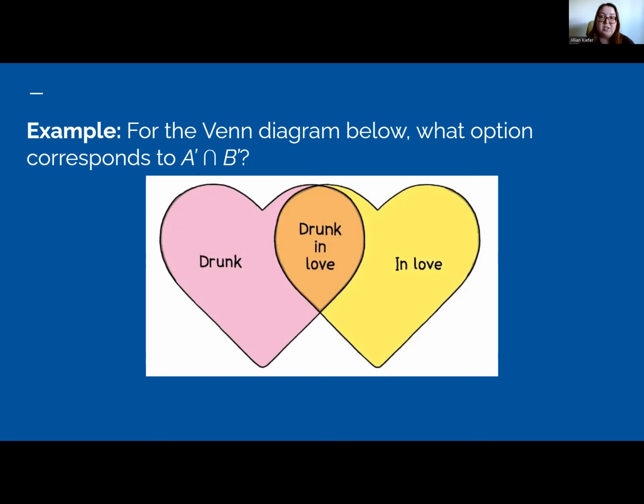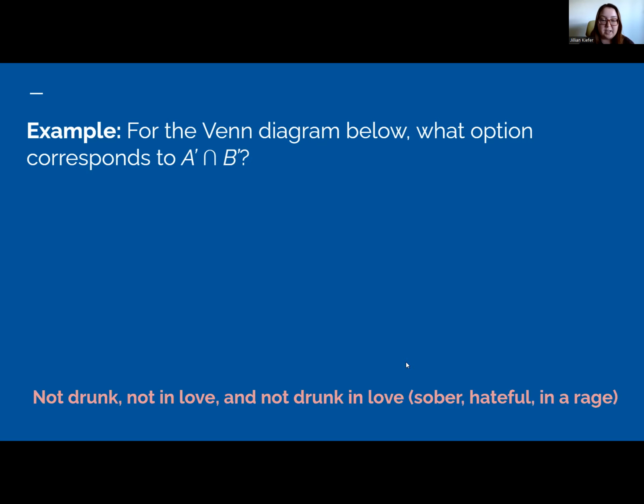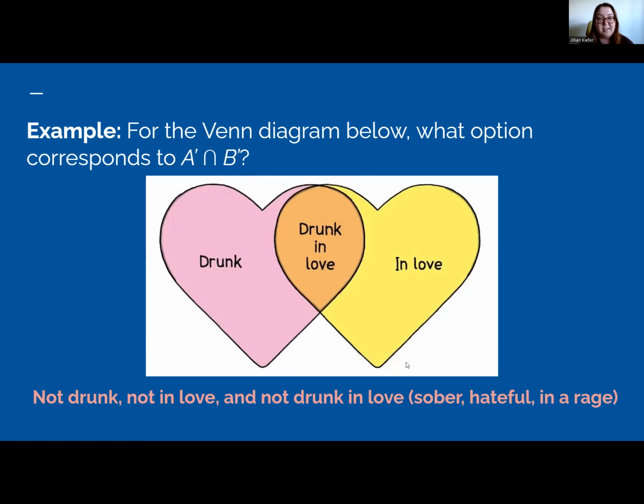You can shade in your regions to verify, but this would be A complement, everything other than drunk, and B complement, everything other than in love, and then the combination of those two, which once again creates not drunk, not in love, not drunk in love: sober, hateful, and rage. So that's an example of De Morgan's law. Even though they look different, they really are the same set, or the same answers.